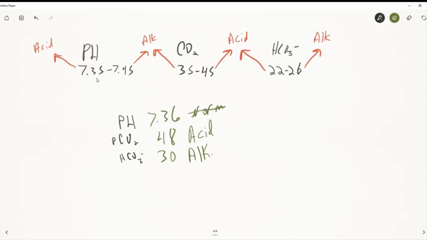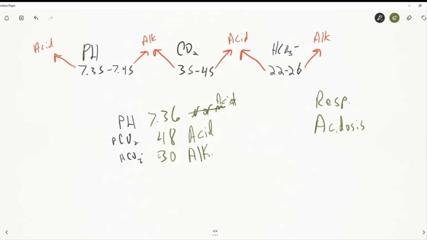But what is it closer to? It's closer to the acid end. So we're going to call it acid. And we will treat this just like our other problems. This is an acidosis because pH says acid. Which one matches? That would be CO2, so that tells us this person has respiratory acidosis.